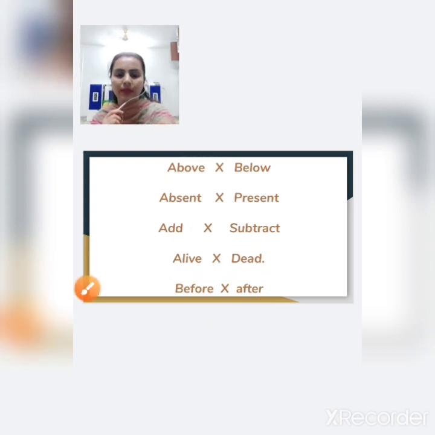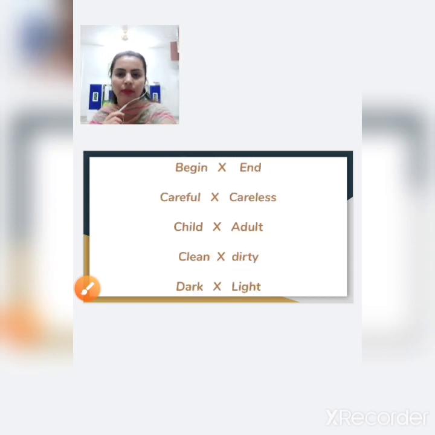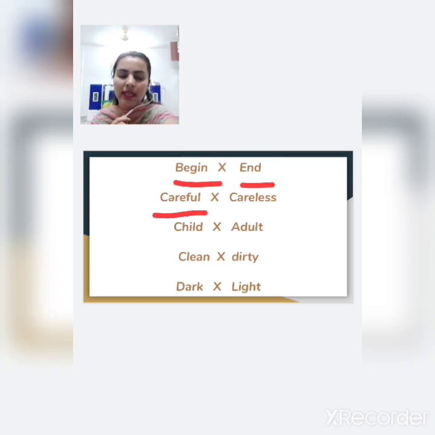Now next, begin, and the opposite is end. Similarly, next is careful.